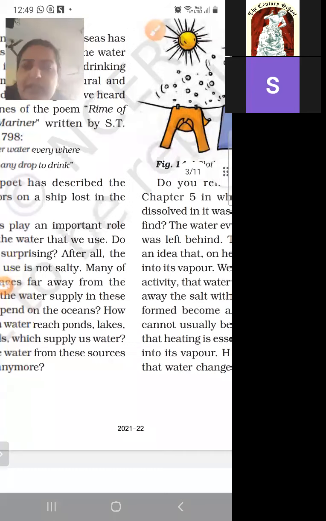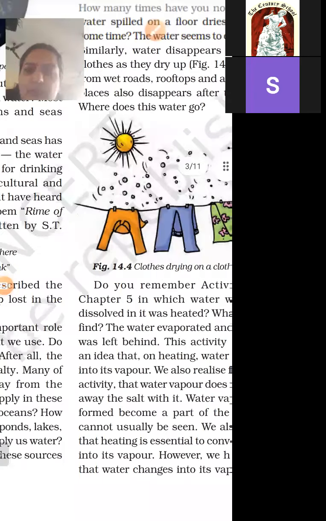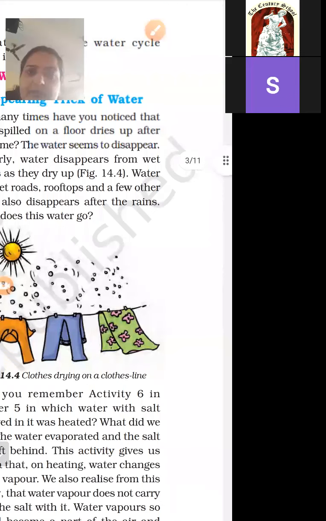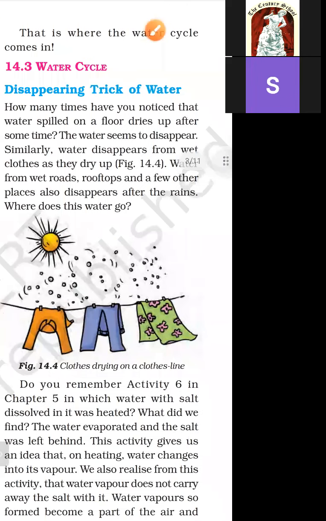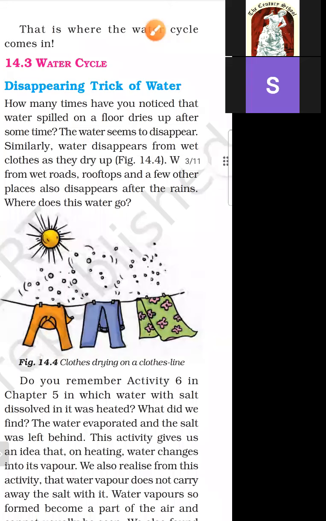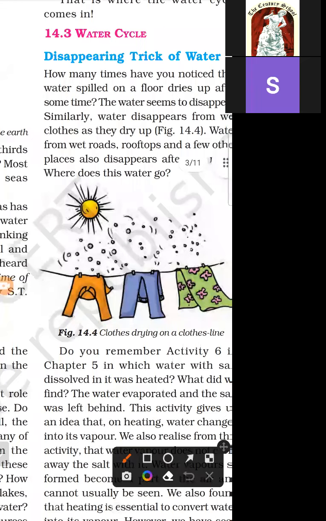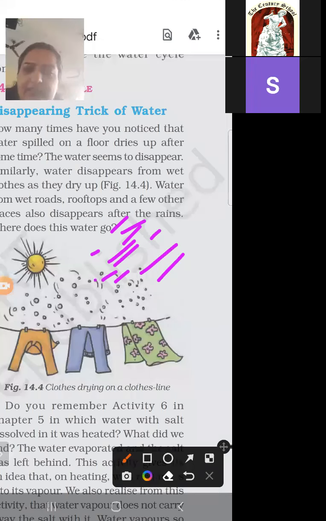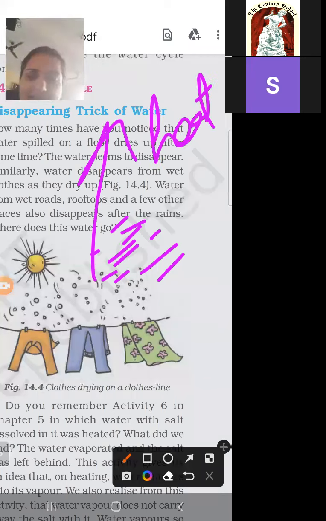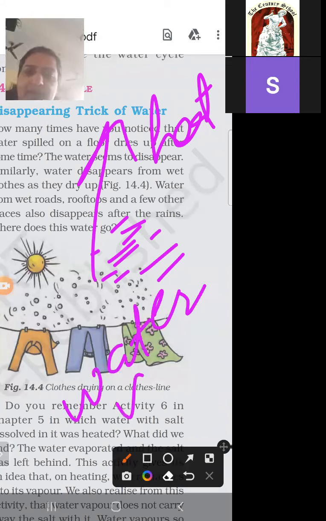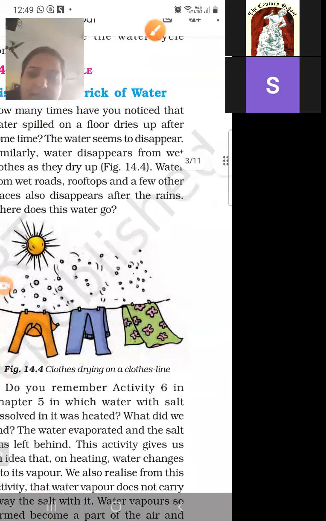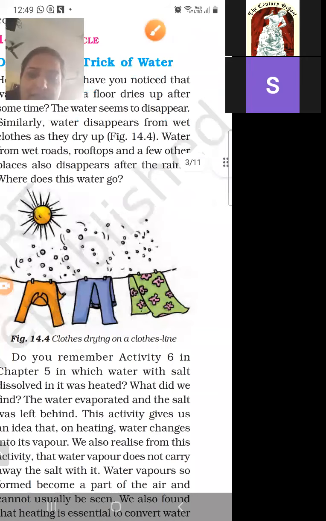When we heat this liquid, suppose this is our liquid, then this water is converted into water vapor.